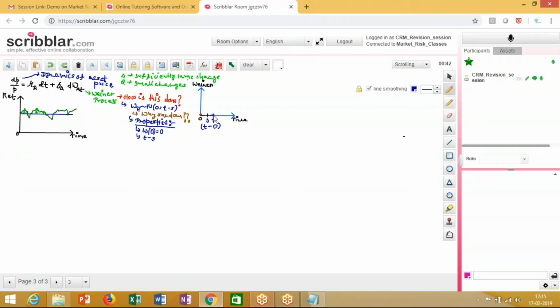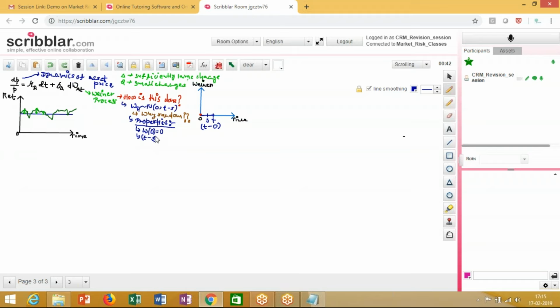Because time is changing continuously, you can take any number of infinite values between t and s, and hence the difference between the two is considered as the interval of time. So over an interval of time t minus s.